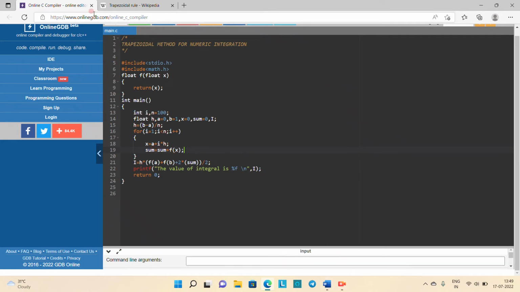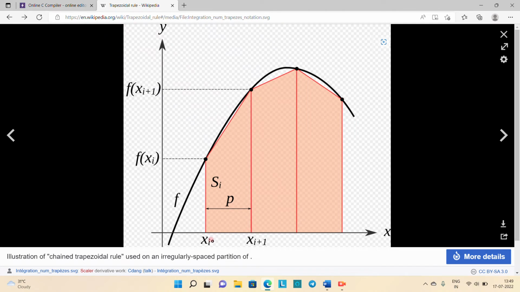sum plus f of x. So we have x0, so what is f of x0? There is some value f of x1, f of x2, f of x3.